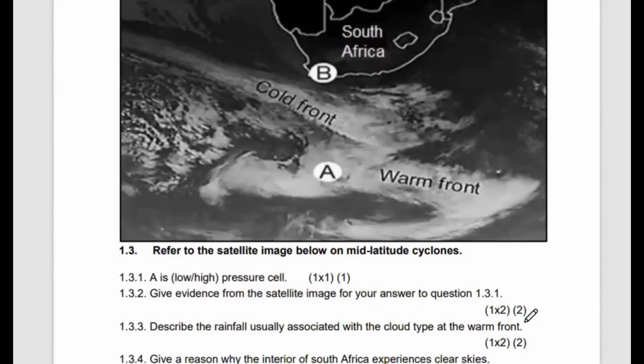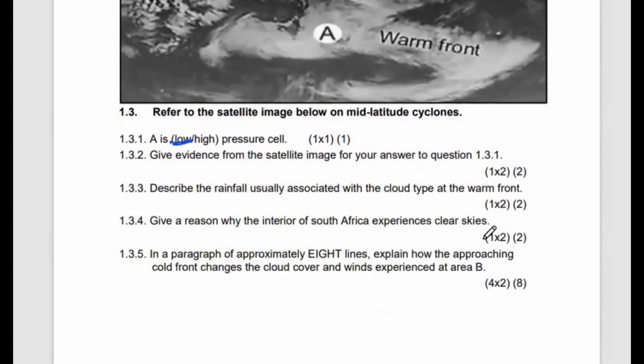It says A is dash, high or low pressure cell. Automatically at A, that is where the system is circulating from. That means it's a low pressure. So for A, that is a low pressure. It's low for A. Right, give evidence from the satellite image for your answer in question 131.